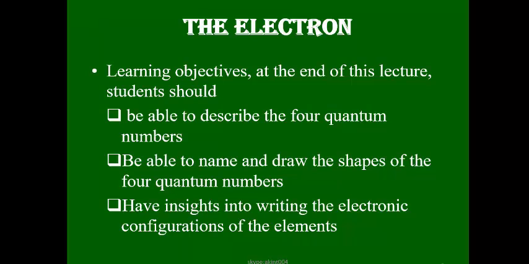That is why it is worthwhile to treat the electron as a whole topic, so that we will not be found wanting when we get to those areas. It is our hope that after this video, students should be able to describe the 4 quantum numbers, name and draw them, and have insight into writing the electronic configurations of elements.